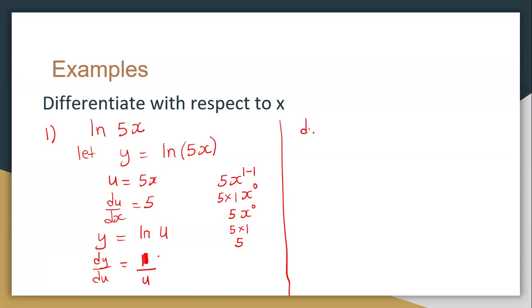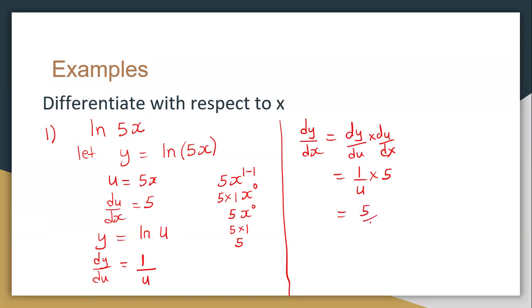So now our dy/dx will equal dy/du times du/dx. Your dy/du is 1 out of u, times du/dx, which is 5. But what is our u? Our u is 5x.